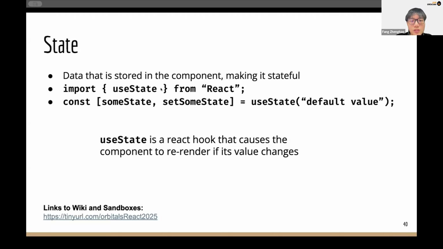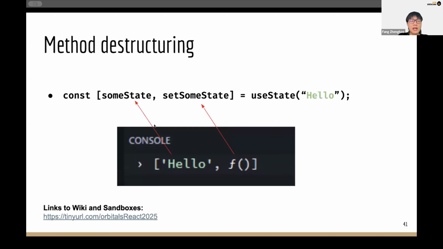The some state is whatever data you want to store within this state, and set some state is the function that you'll use to make changes to your state, or basically the component you want to change. So here's a more accurate depiction of how it should look.